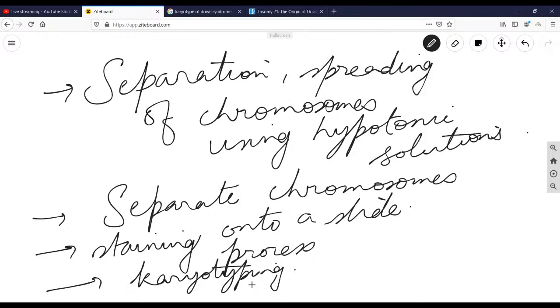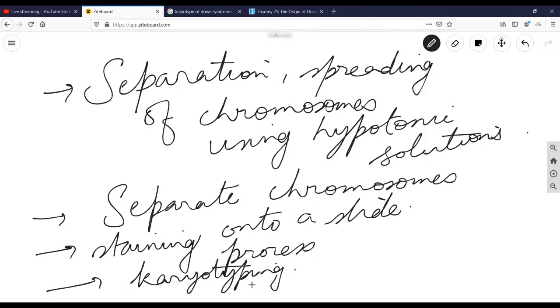You can call this the process of arranging, pairing, and organizing chromosomes to find chromosomal variations. That can also be called karyotyping, right? So we have various ways to do it, and the next stage will be your staining only.